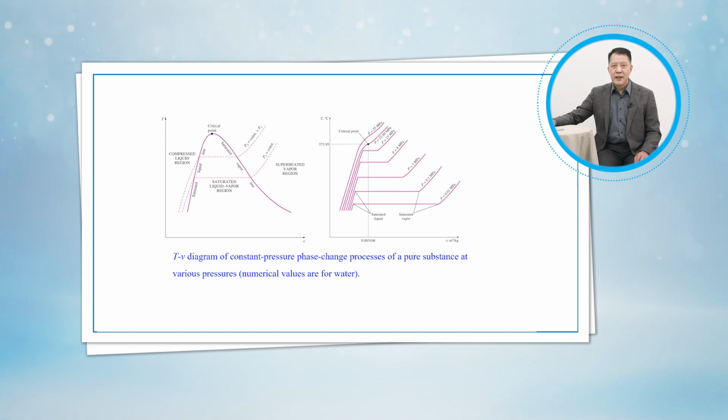As heat is transferred to the water at this new pressure, the process follows a path that looks very much like the process path at 1 atm pressure as shown in the right figure. But there are some noticeable differences.